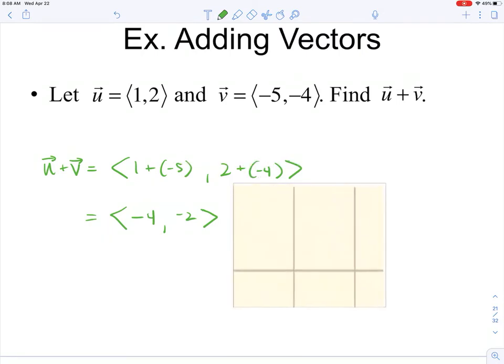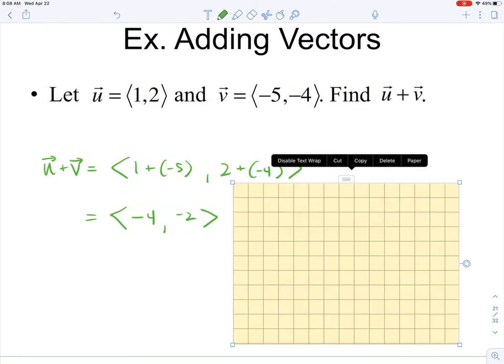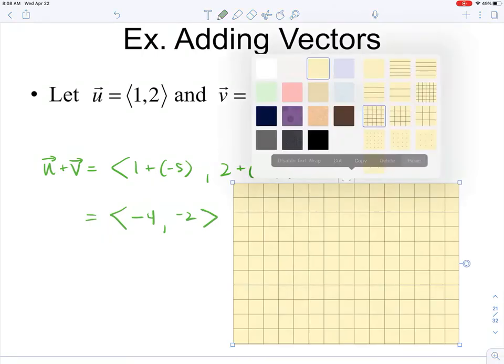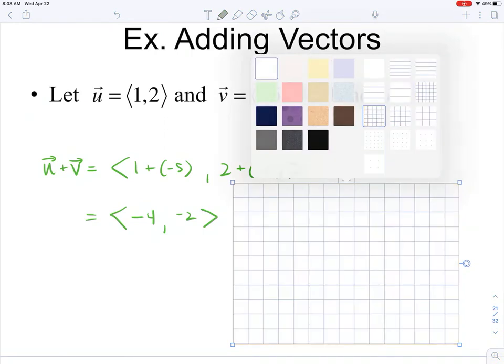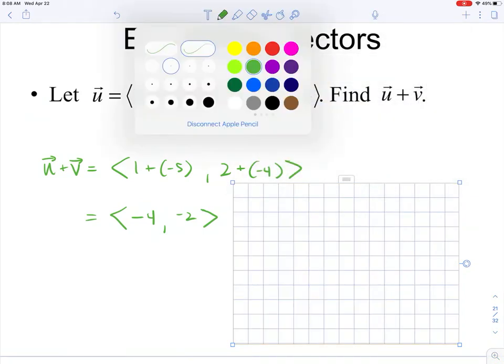It might be interesting to actually look at this graphically. I use a grid here.